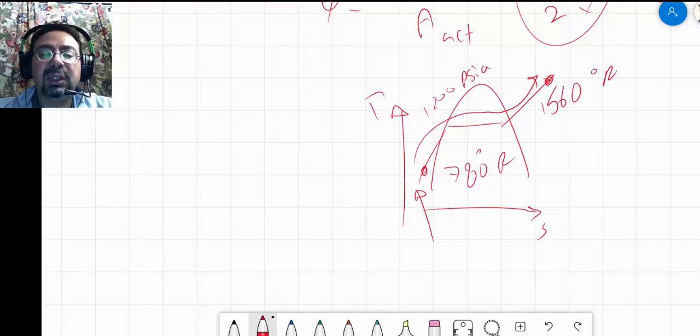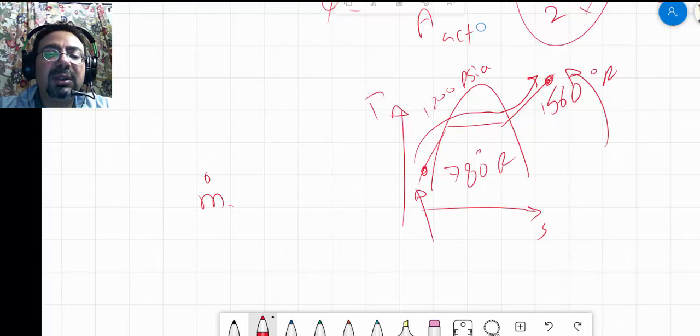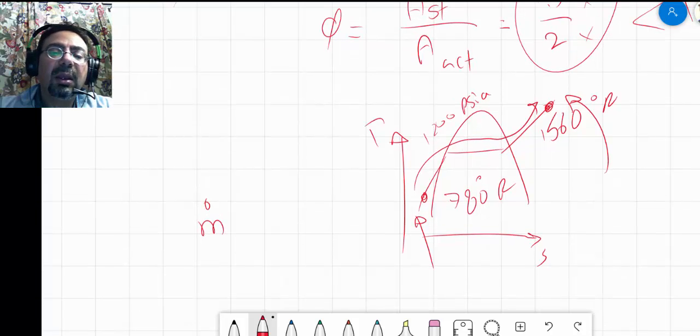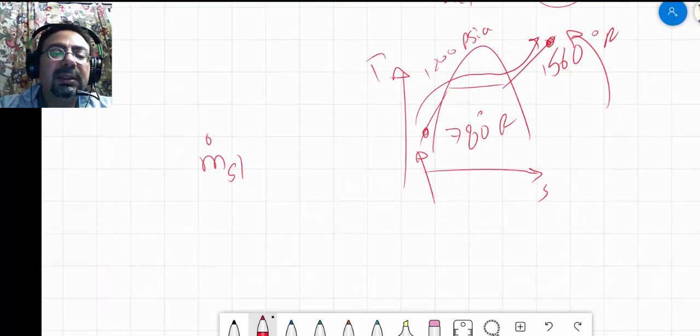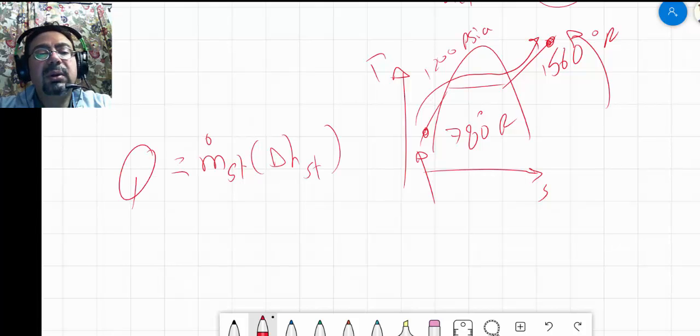So if I get this H from the steam table and I get this H, then obviously that boiler is gaining m dot steam multiplied by that delta H steam. This is the Q that is added in the boiler.